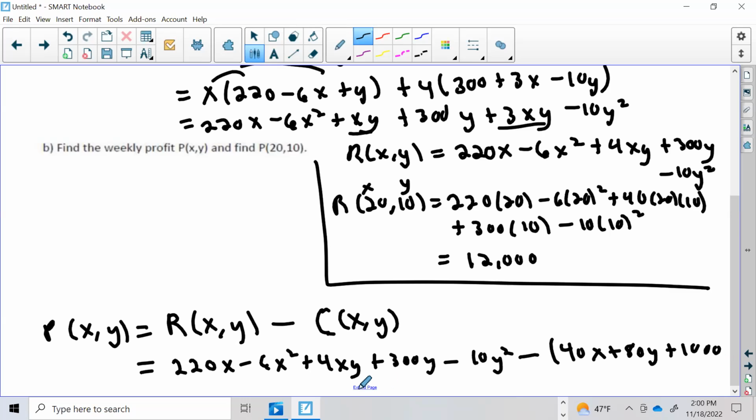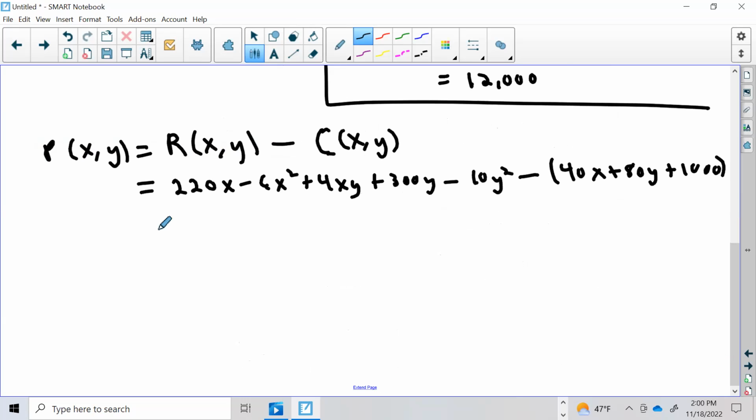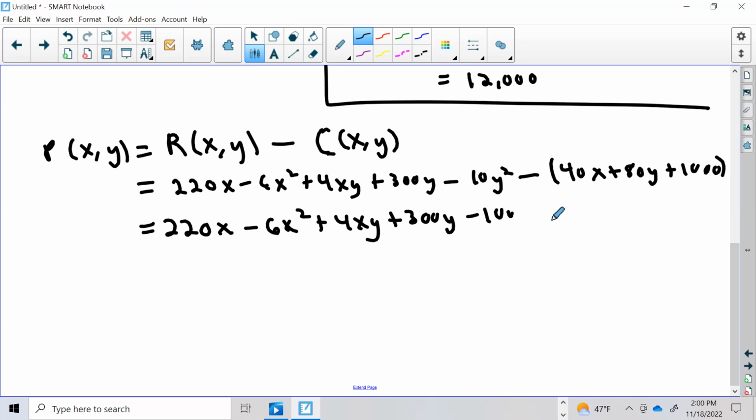And then if we can, we're going to simplify. So I'm going to distribute that negative. And then if there's any like terms, we are going to combine them.